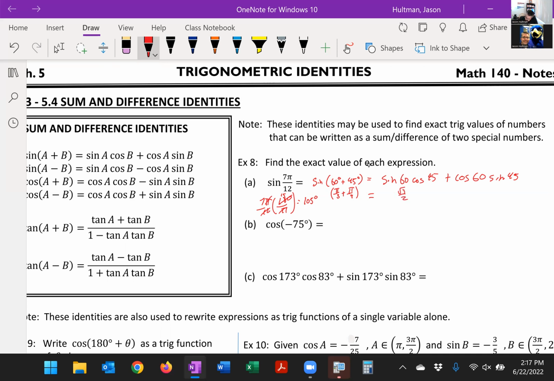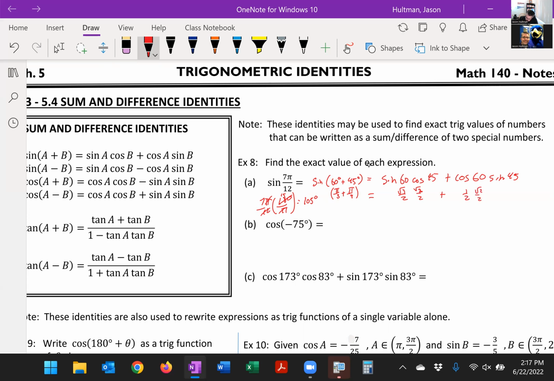And the cosine of 45 is radical 2 over 2. Okay. And then we're going to add to that the cosine of 60, which is 1/2, and then the sine of 45, which is radical 2/2.